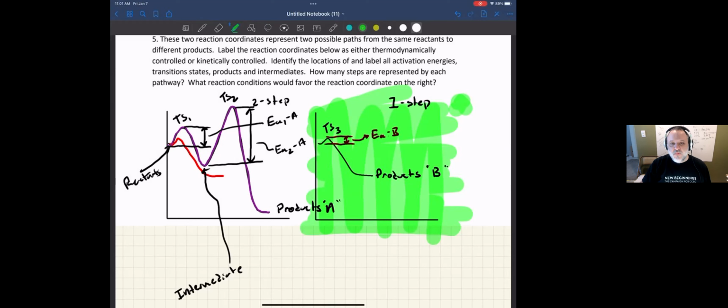The one with the lowest energy products is thermodynamically controlled. So the purple reaction coordinate is under thermodynamic control.